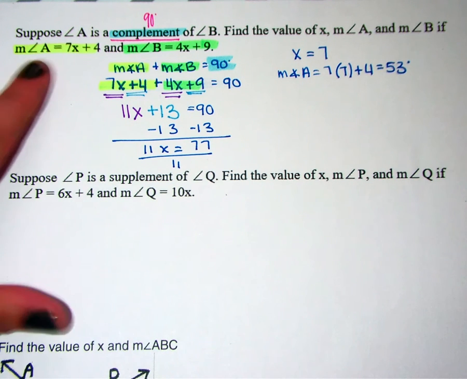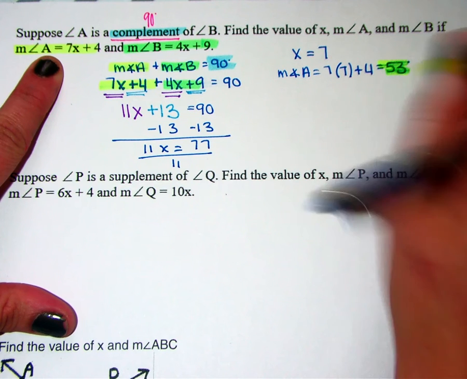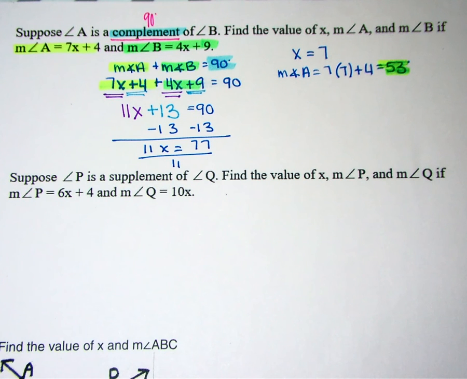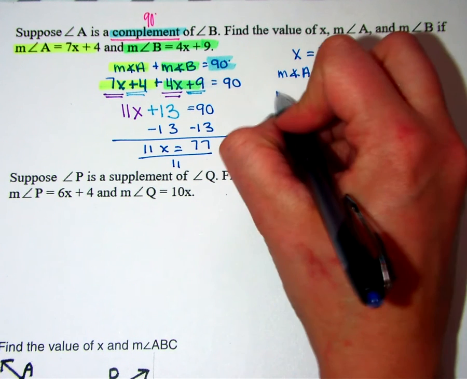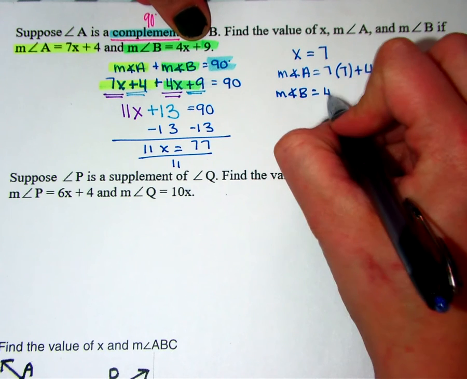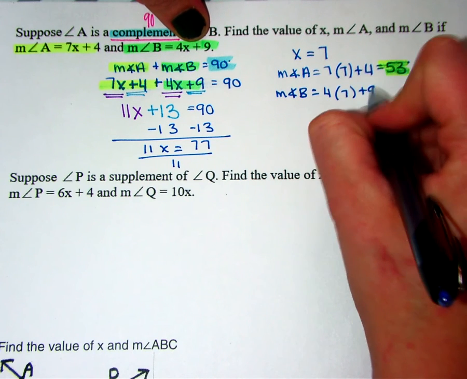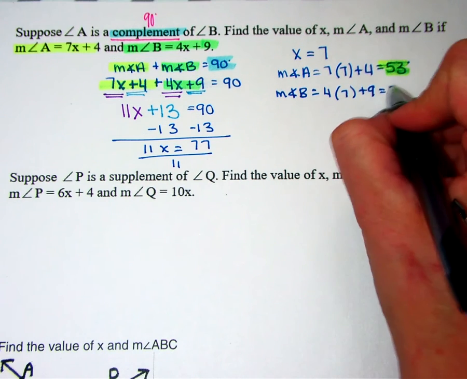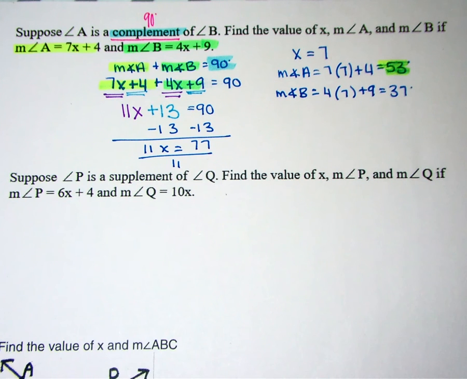So the measure of angle A here is 53 degrees. And lastly, we have the measure of angle B. The measure of angle B is 4 times 7 plus 9 for a total of 37 degrees.